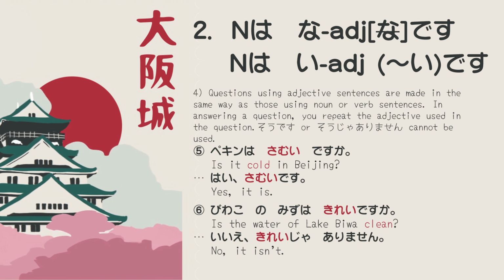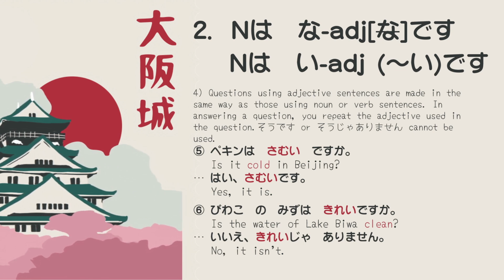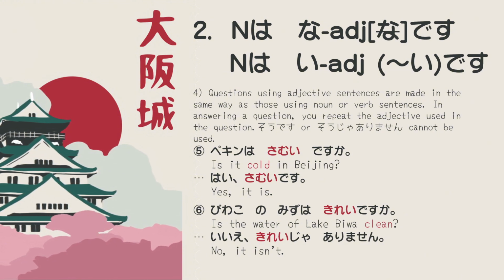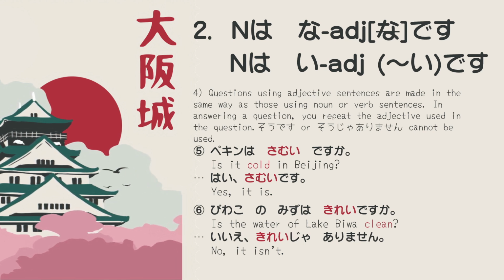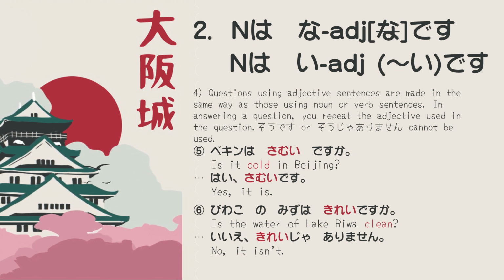When you answer this question, you repeat the adjective. Hai, adjective desu. Iie, adjective negative form. For example, for na adjectives, hai, kirei desu. Iie, kirei ja arimasen. For e adjectives, hai, samui desu. Iie, samuku nai desu.